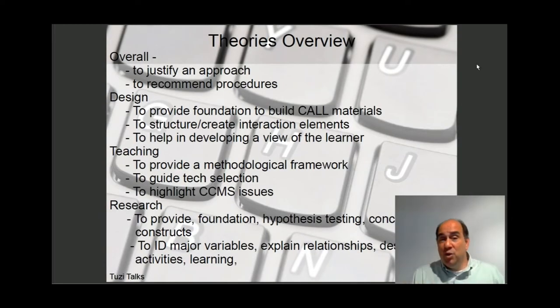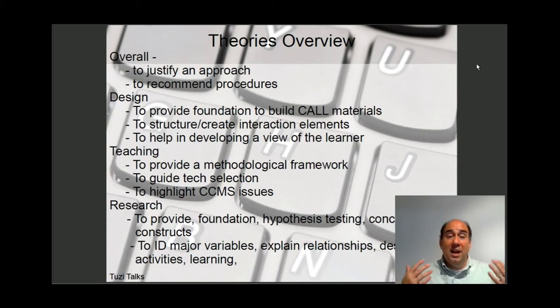Now, those are the major theories that we were just looking at. And overall, again, as I said before, a theory is some idea, some baseline by which we can justify an approach to using a method, or an approach to using some CALL-related activities. That's the overall purpose of theory.